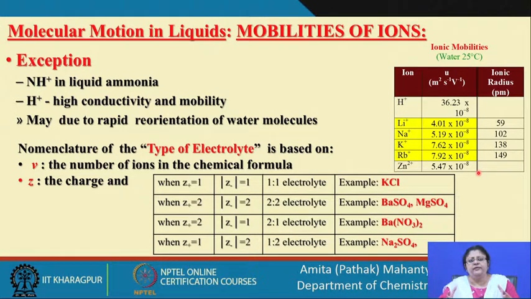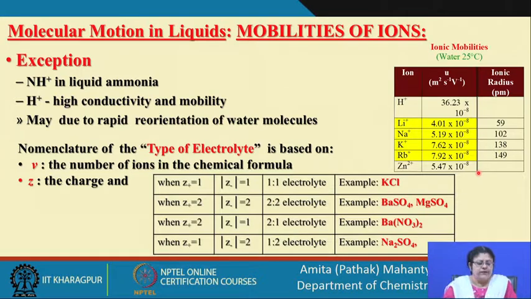And if the size is increased, obviously that is inversely proportional to the speed. So bulkier ions are going to move slowly, and if they are moving slowly, then their mobility will be less, and there will be a decrease in the molar conductance.